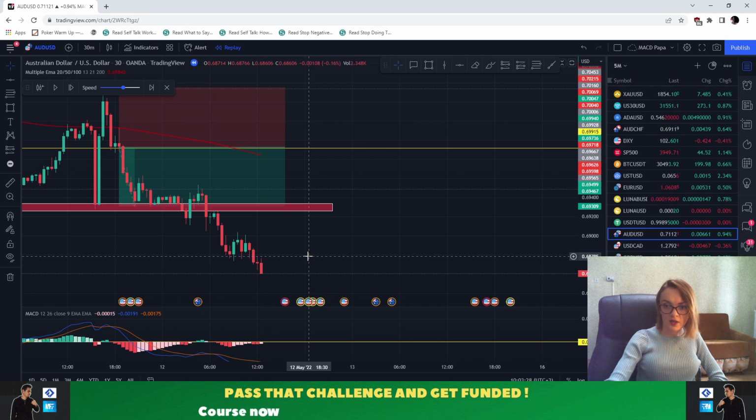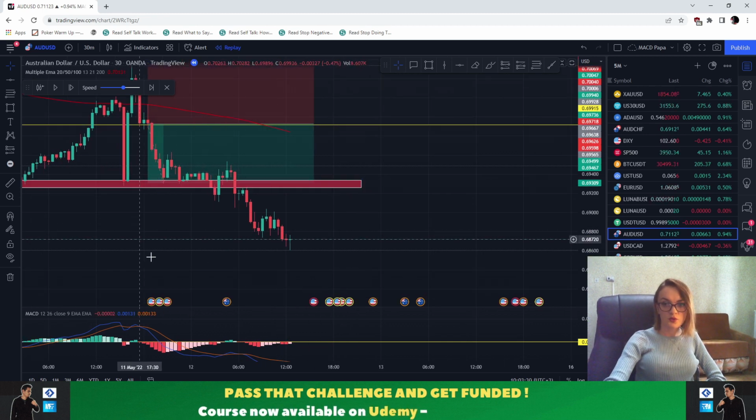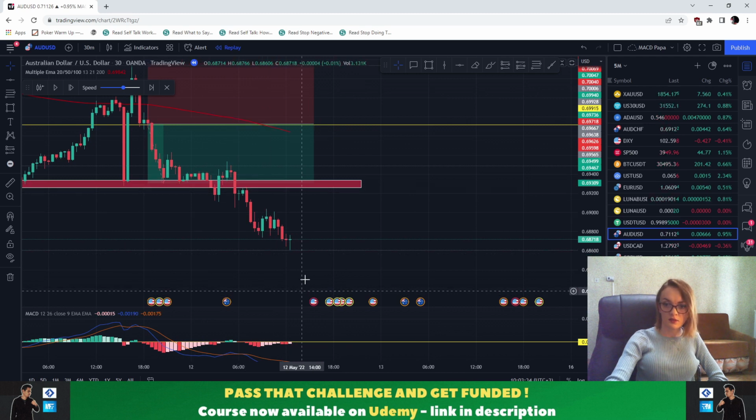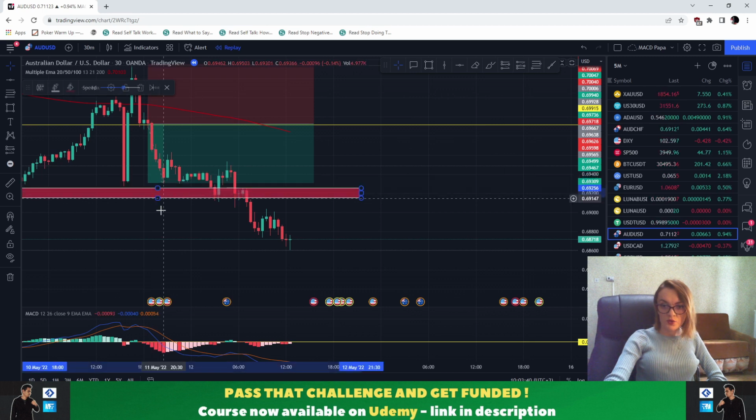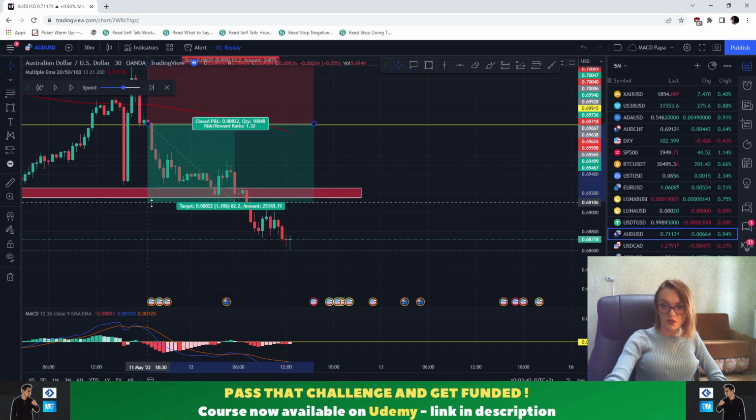And after that we are going to trail our stop loss with the swing highs that are made by this downtrend. And now our stop loss should be somewhere around this zone.